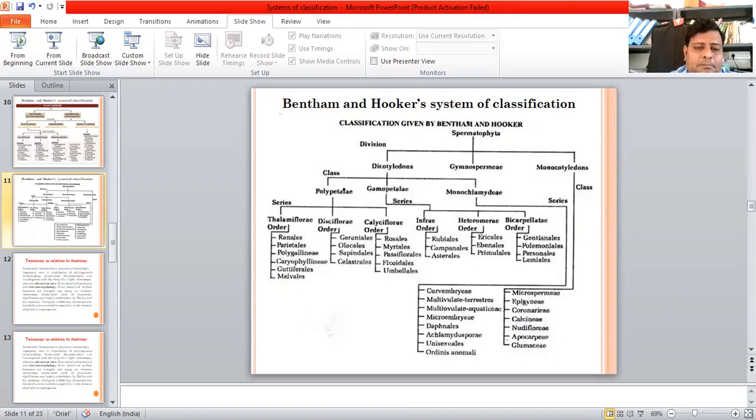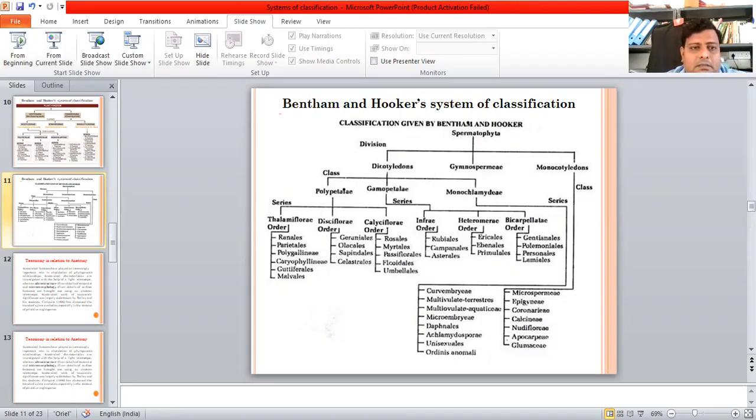Series Apocarpae, the perianth is absent or uni- or biseriate, the ovary is superior with one or more than one carpel. The seeds are exalbuminous. Series Glumaceae, the perianth is scaly or glumaceous, or absent. There is usually one ovule. Seeds are albuminous.